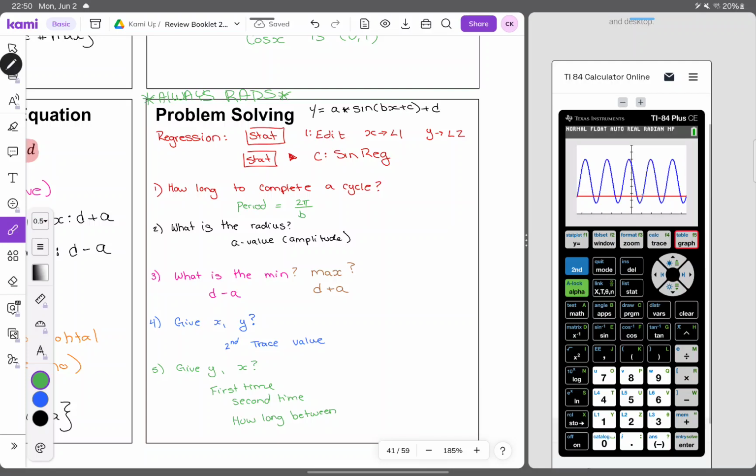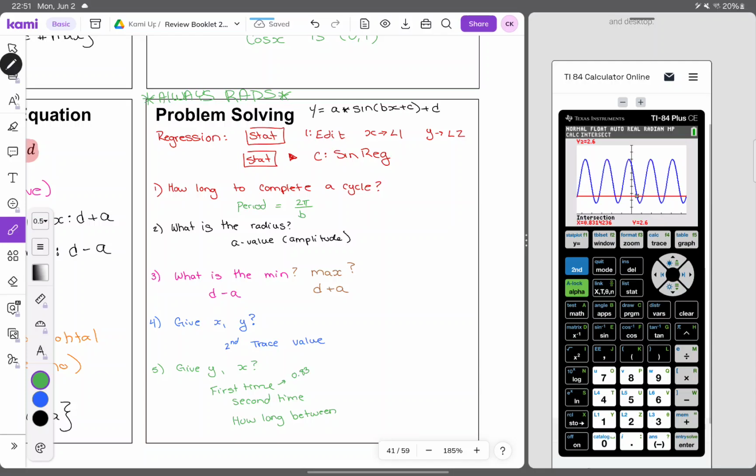Are they looking for the X value here, this second one? Are they looking how long it takes to get from the first one to the second one? So if I was looking for this first one here, I'd go second trace, find the intersect, and I want to move my cursor closest to that intersection. Enter, enter, enter. So for this example, I would say that X is 0.83.